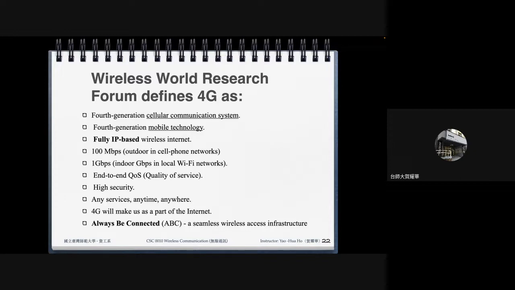You will have 100 megabits of speed for outdoor cellular network and 1 gigabit for indoor. You provide end-to-end quality of service, higher security, and any service anytime, anywhere, which makes everyone part of the internet. So the most important on the fourth generation is full IP base.